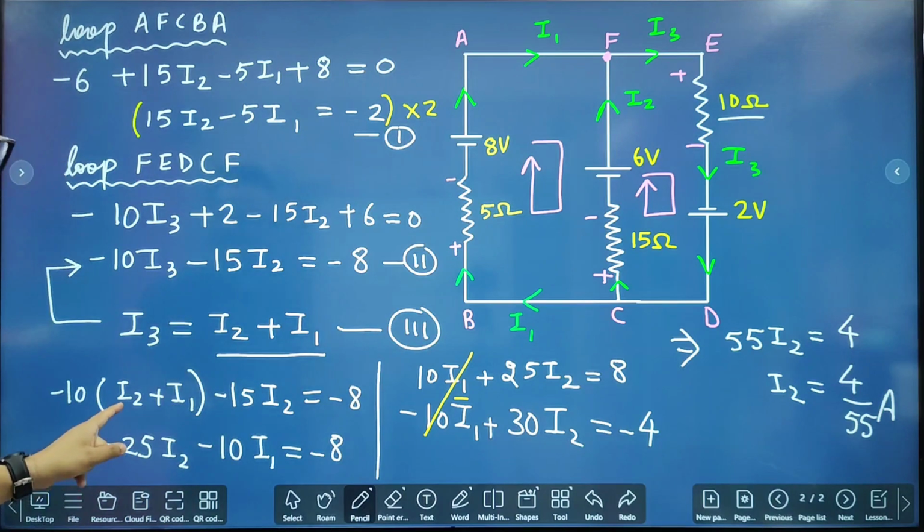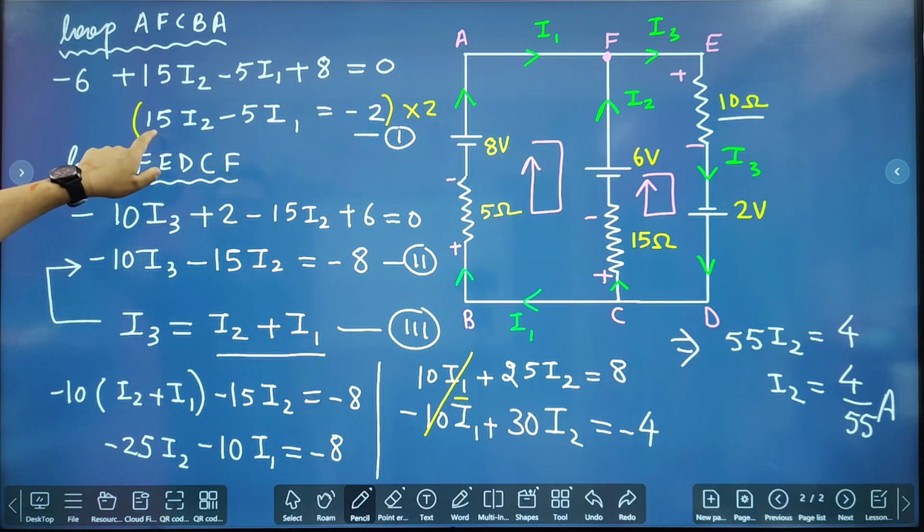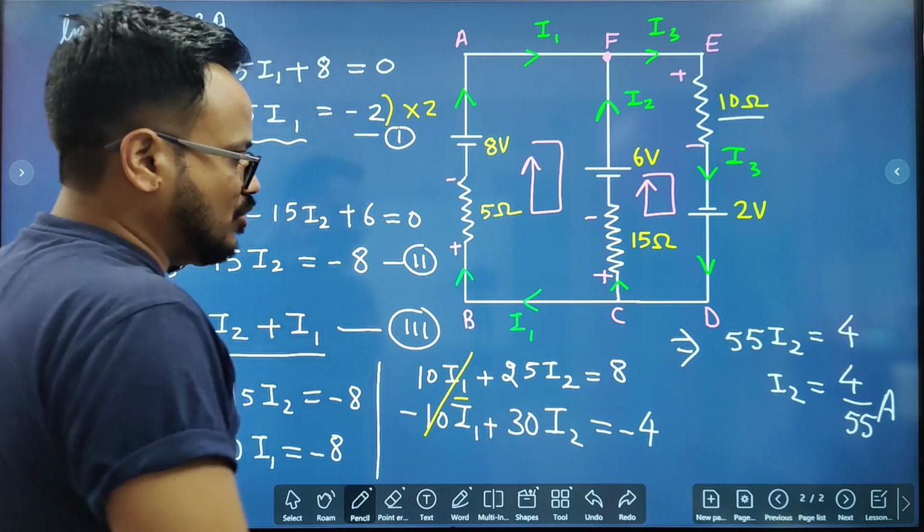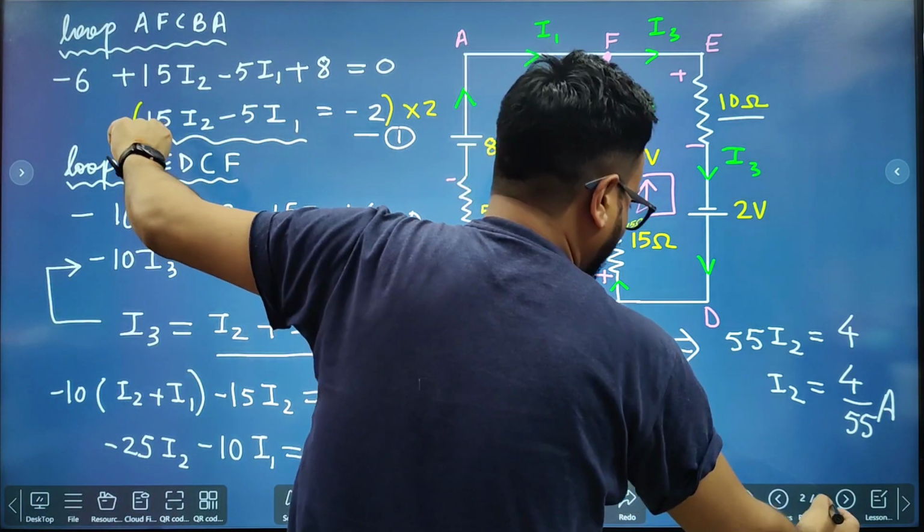Now let's put the value of I2 in any one of the equations. Let's put the value of I2 in this equation, 4 by 55. So this is 15 into I2.